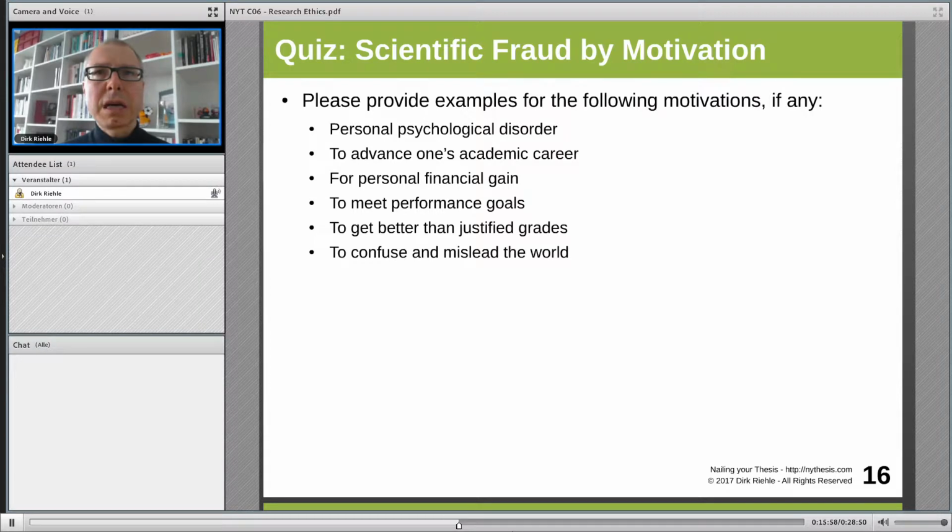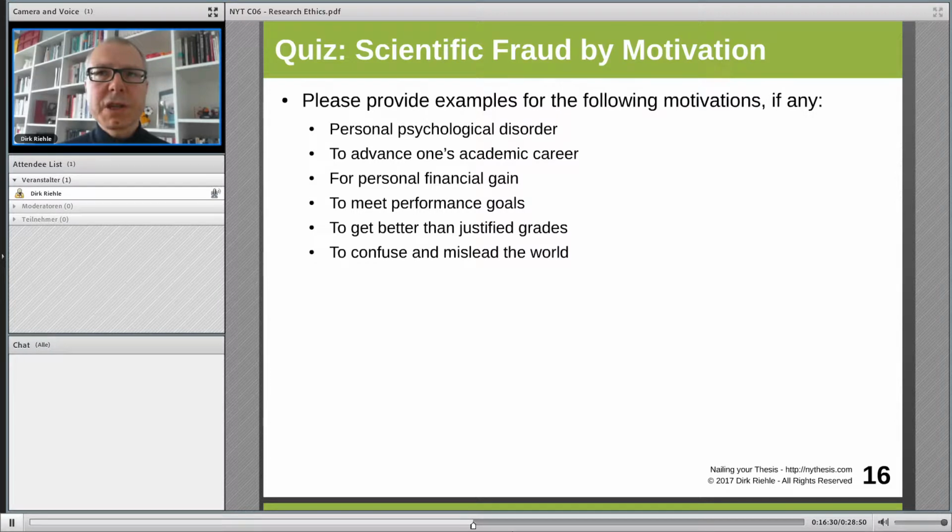So here are a couple of categories of motivation for scientific fraud. The first one is personal psychological disorder. By that I mean someone who has psychological problems which make them perform fraudulent work for something to gain, like personal satisfaction out of reputation, even though it's based on obviously fraudulent work.